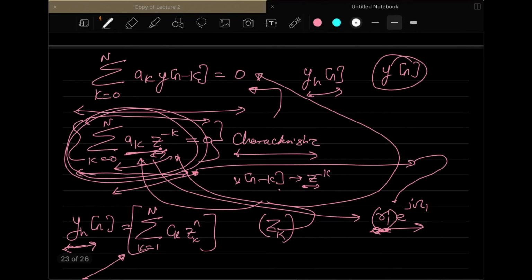We are assuming that our solution is C z^n. We assume a solution and then substitute it into the difference equation. Not C to the z^n. It will be z^n that we are substituting here.